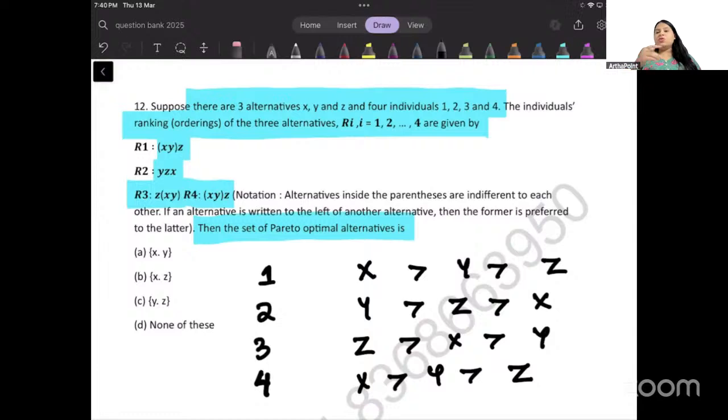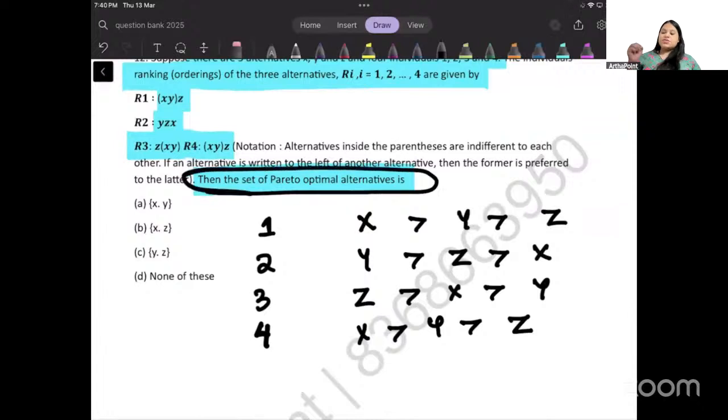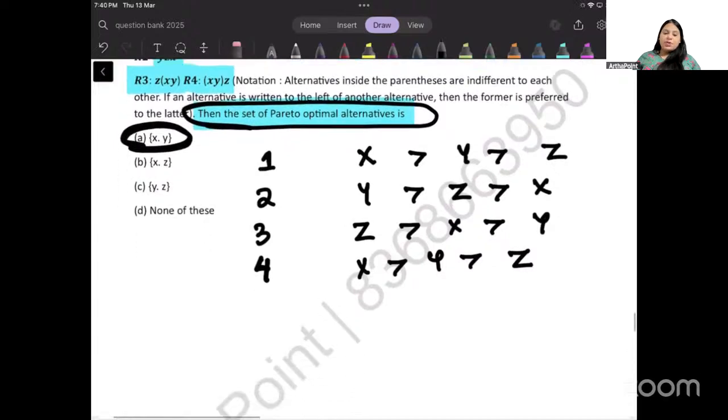So you need to go ahead and answer what is the set of Pareto optimal alternatives? X, Y. What is a Pareto optimal alternative, beta?